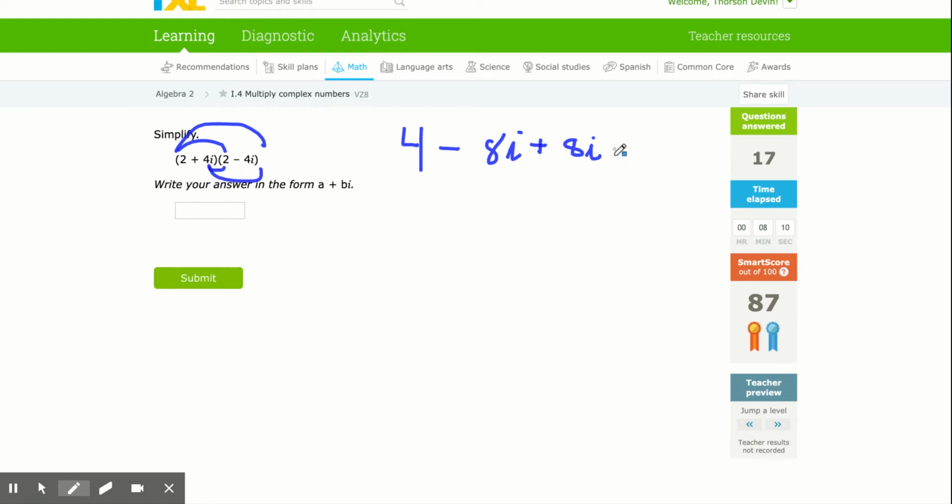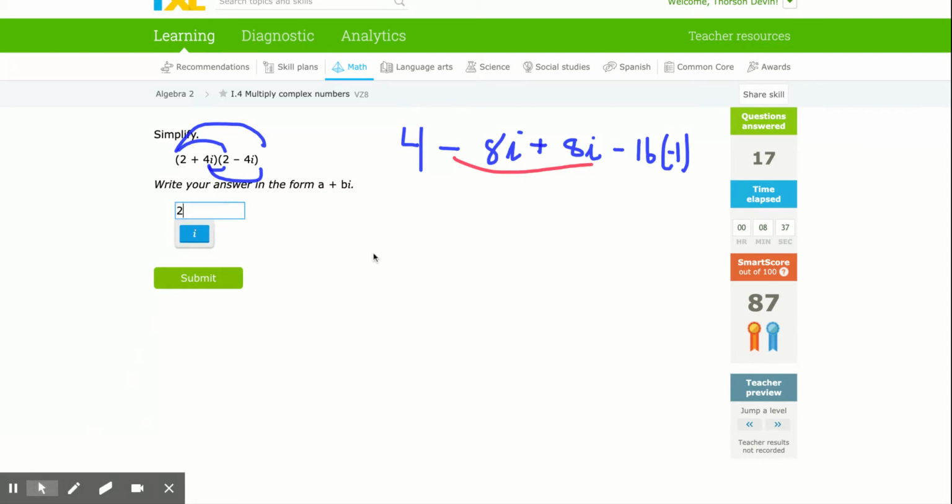Positive times a negative will be minus. 4 times 4 is 16, but then we're going to multiply also by an i squared, which is negative 1. So then if you'll notice the two middle terms, I want you to notice something. These two middle terms cancel. I have a negative 8i and a positive 8i, and we got 4, not minus, but because it's times a negative, plus 16. Our final solution is 20.